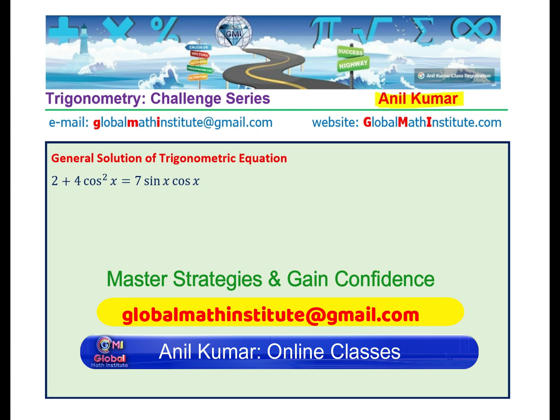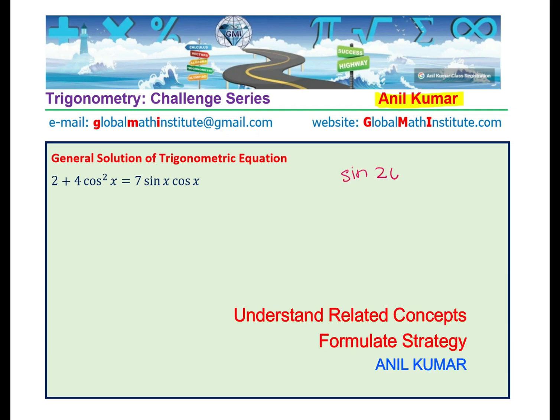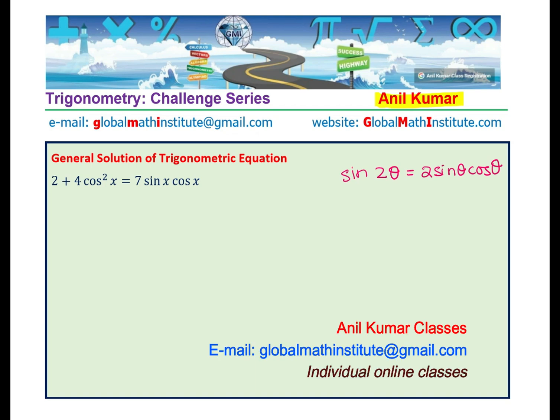So, compound angle formulas, let us review. One is what is sine 2 theta. Sine 2 theta is 2 sine theta cos theta. Makes sense? And that is where 7 sine x cos x can be split and written in terms of sine 2 theta, or 2x in this particular case.